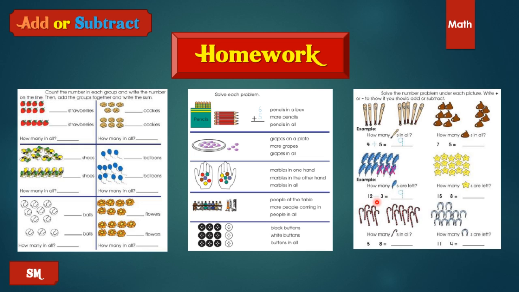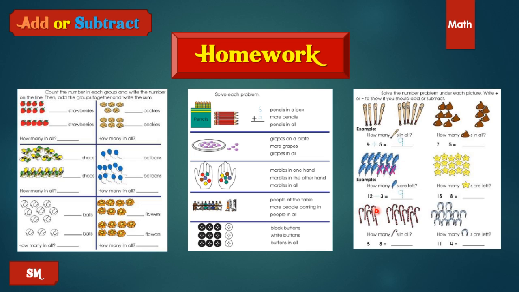Excellent. I'll put minus. So I have all of them, 12. I took away 3. So it's minus 3. So how many left? I can count the other feathers here, or 12 minus 3. Okay. I can't put 12 on my fingers. Okay.